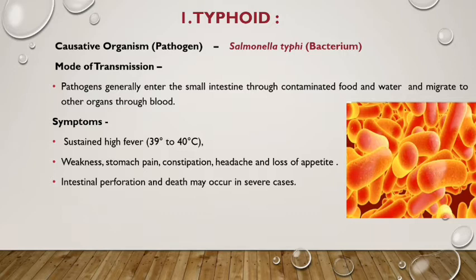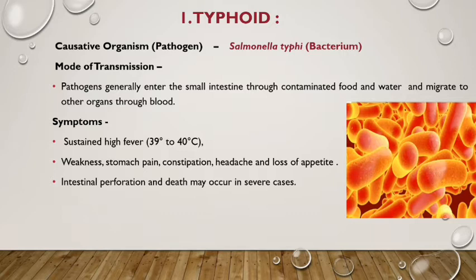If people are unaware of this pathogen, and it enters and for a long time the fever, stomach pain, weakness, headache, and loss of appetite remain in the body, then the person may face death also.